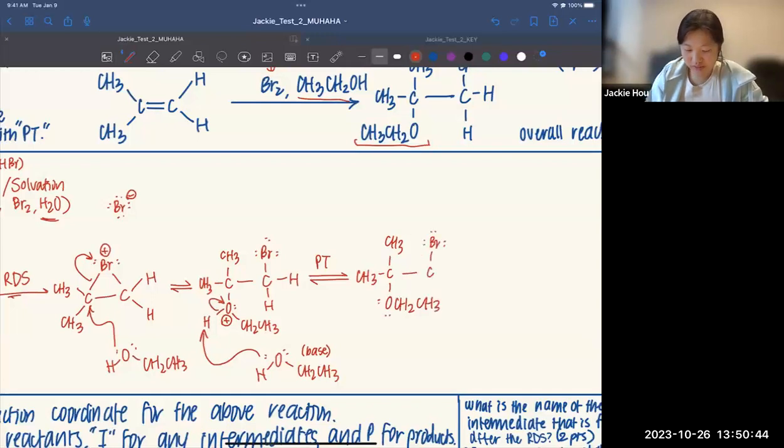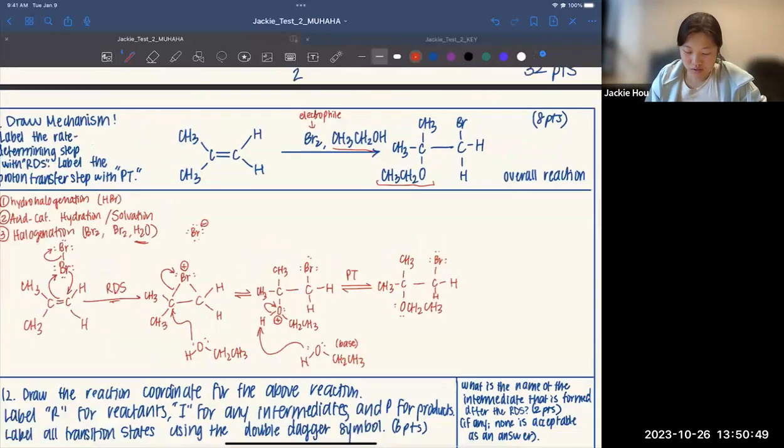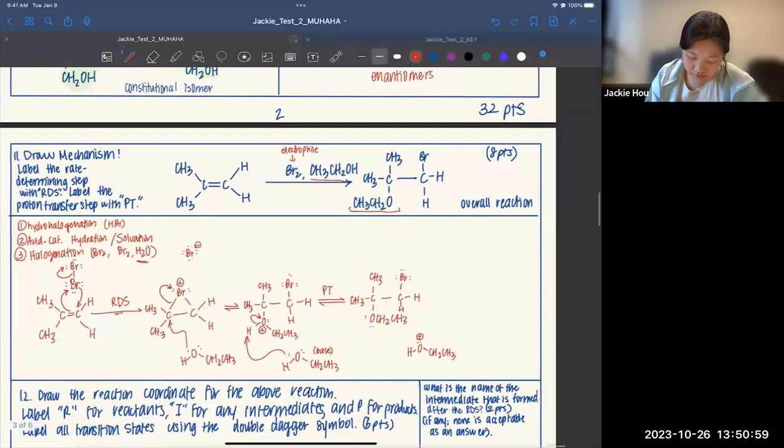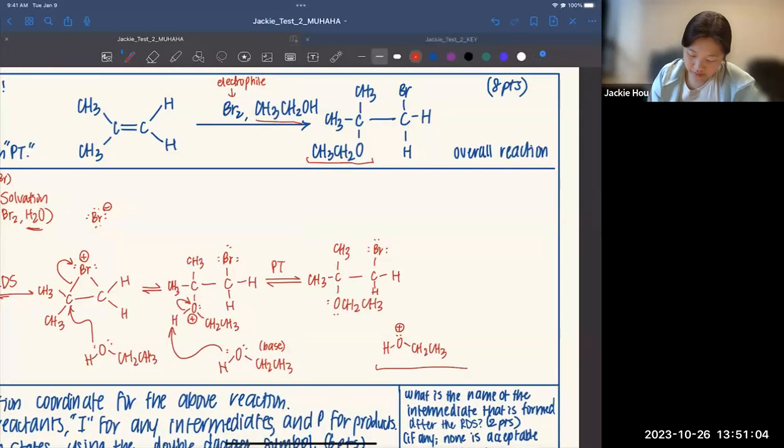And again, also on the exam, make sure that you draw all of your lone pairs. And for the mechanism specifically, you want to redraw anything that you reform for the overall reactions.